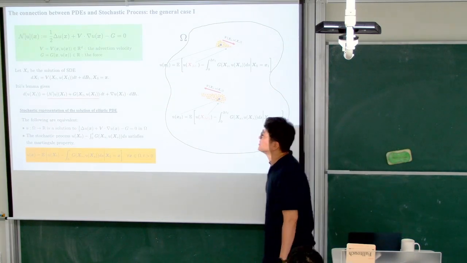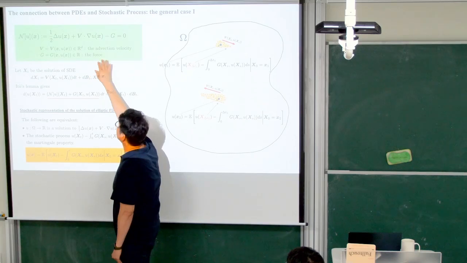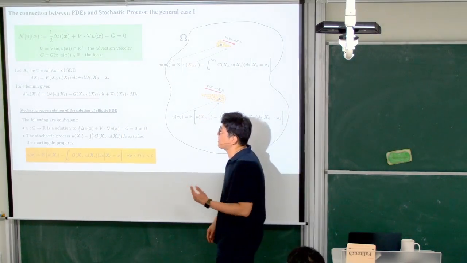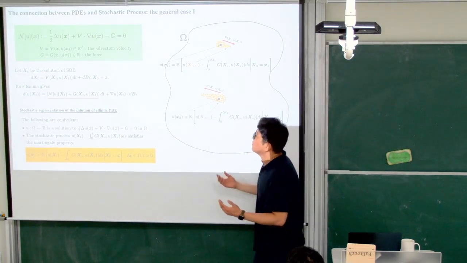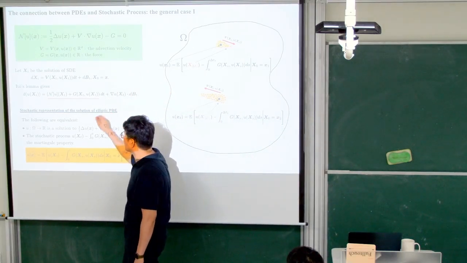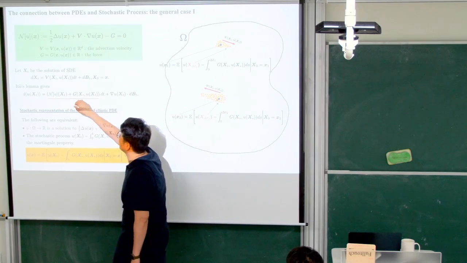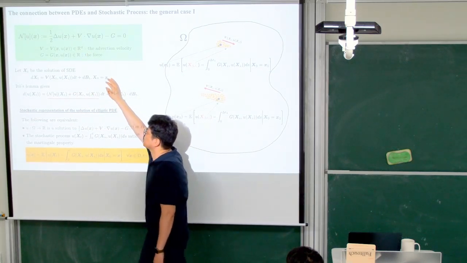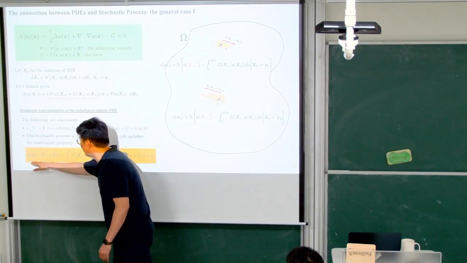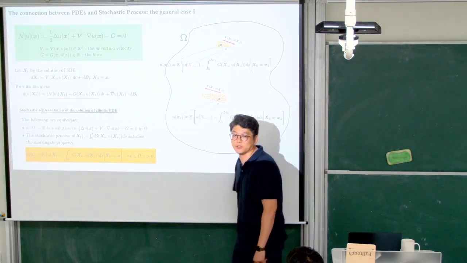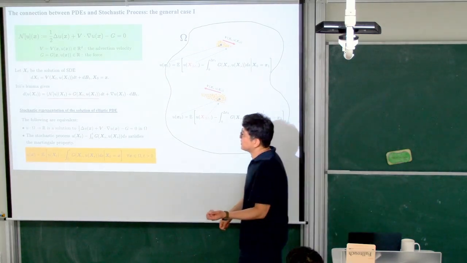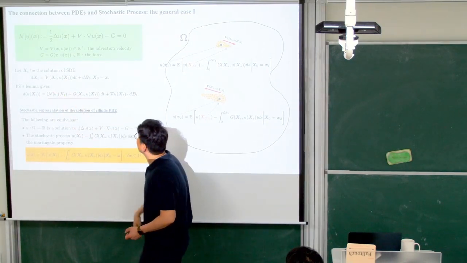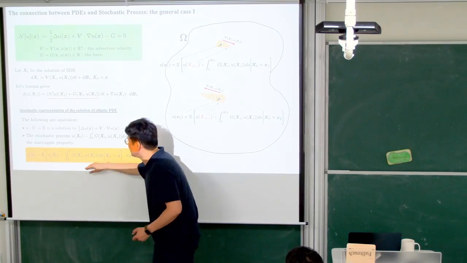Okay, for the more general case, we add an advection term and a forcing term. Now it is a little bit different. In the previous case, we had a standard Brownian motion, but now, as we have an advection term, the stochastic process is not just standard Brownian motion but has some drift, the same as the advection term. Using this stochastic process, we can get a stochastic representation of the PDE solution. The difference is that the general stochastic process has a drift term, and we also compensate for the forcing term here.